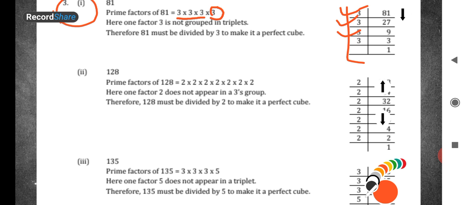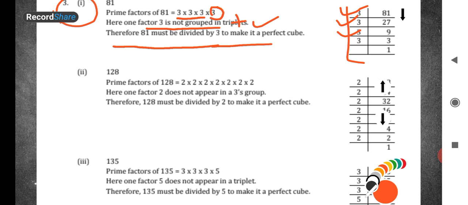So here 1 factor 3 is not grouped in a triplet. That means this 3 should be kicked out. This 3 we have to throw out. That means we have to divide 81 by 3, then this 3 will be removed. Therefore 81 must be divided by 3 to make it a perfect cube.